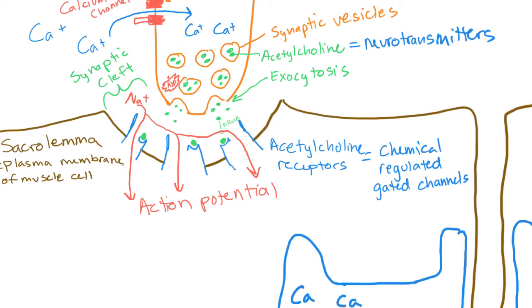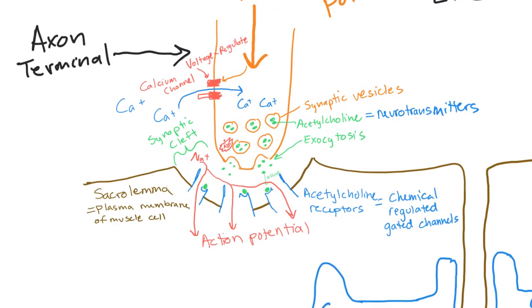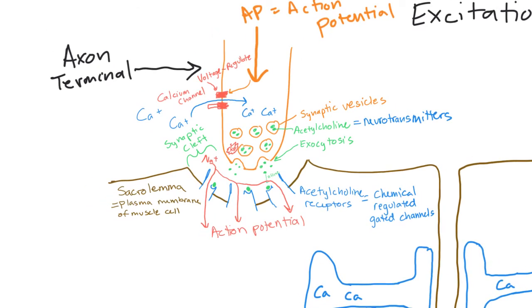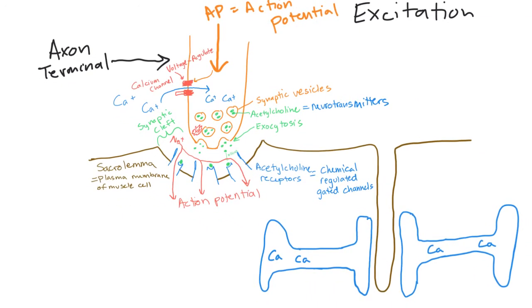Yes? Will you scroll up just a little bit? Okay. Yes. So the part at the bottom, that's the muscle cell? Yes. Okay, what's the orange part? That's the axon terminal. Oh, that's just not the right color. Sorry. So yes, well that's another good point.